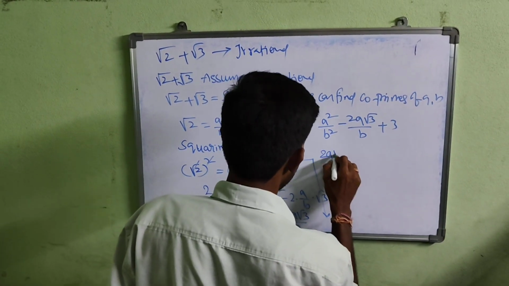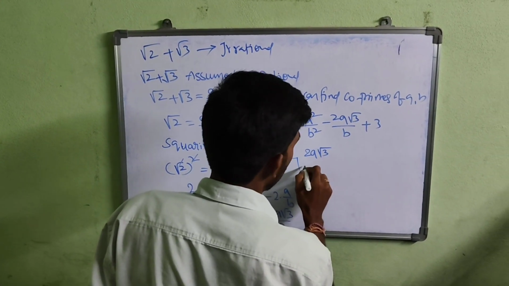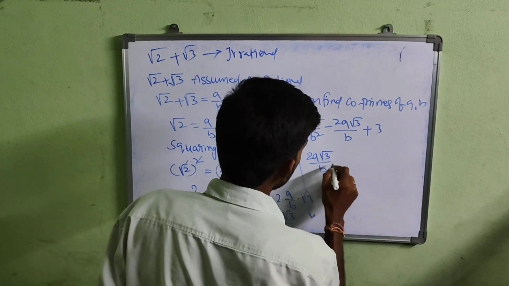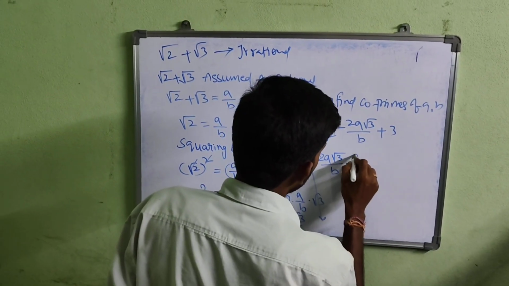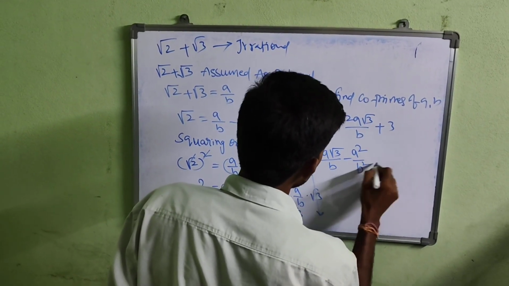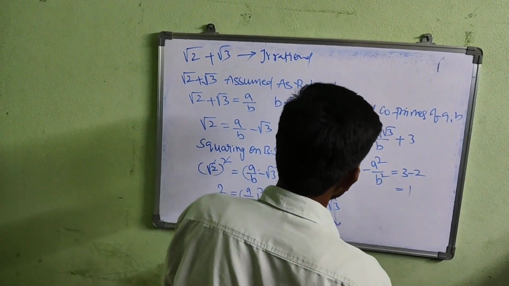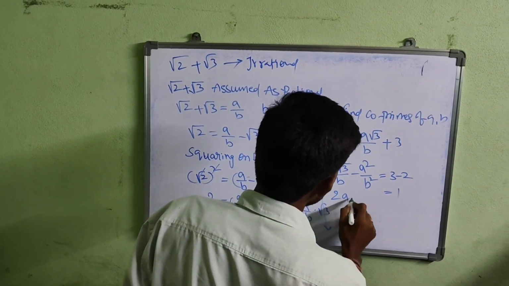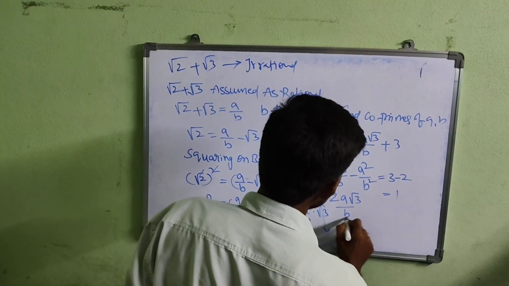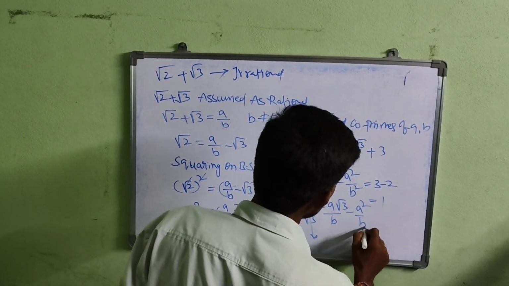If I take this to the left side, 2a root 3 by b minus a square by b square equals 3 minus 2, which is equal to 1.